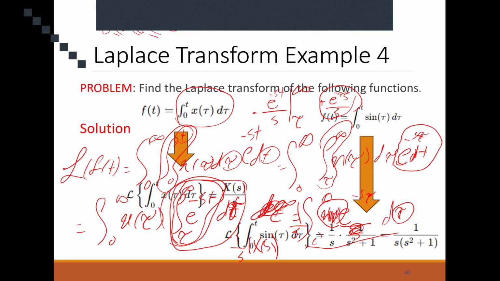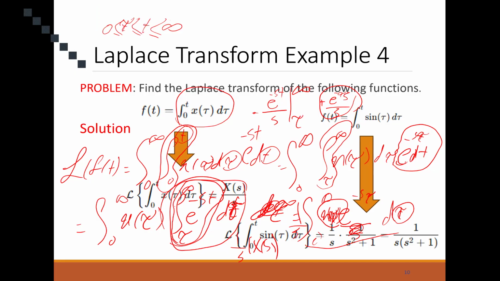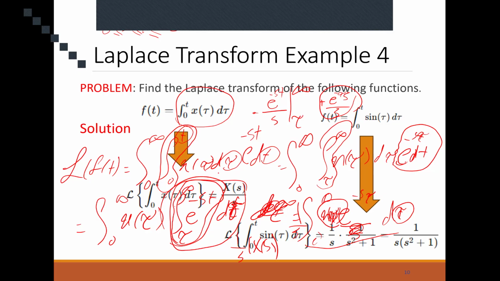I wanted to make sure. So what we did is that we had the integral of x of tau d tau from 0 to t, times e to the power of minus st dt from 0 to infinity. We swap the t and tau using Fubini. So now it is the integral of x of tau d tau, e to the power of minus st dt.